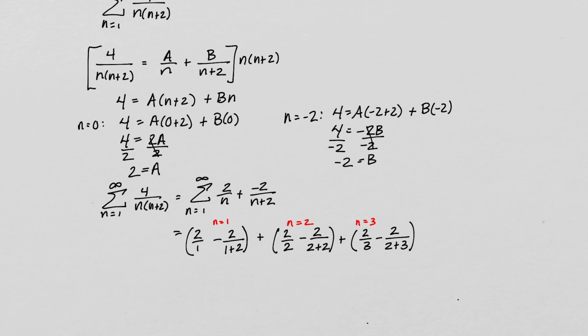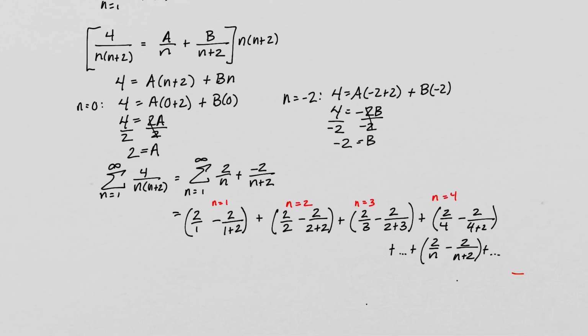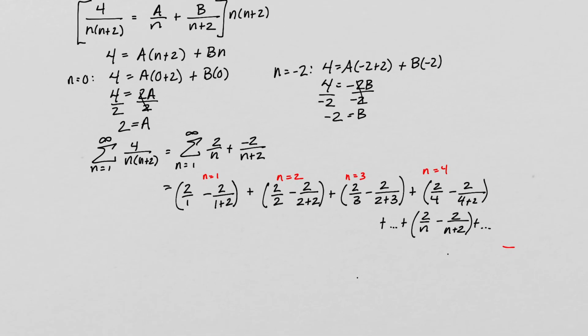I usually write a couple of these out, so maybe we'll even go n equals 4. So we're going to have 2 over 4 minus 2 over 4 plus 2, technically. Plus dot, dot, dot, we're going to go up to 2 over n minus 2 over n plus 2, and then we would keep adding after that. Are we okay with that?